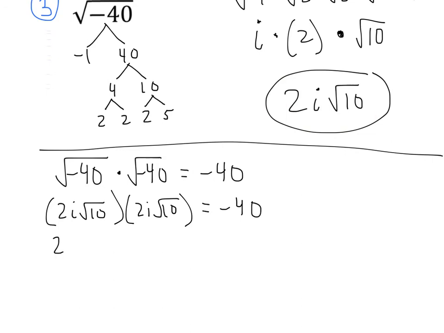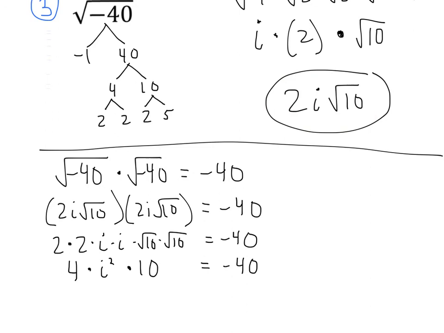This would be 2 times 2 times i times radical 10 times radical 10, and this will get me negative 40. Right? Let's see. 2 times 2 is 4. i times i is i squared. Radical 10 times radical 10 by definition is 10.